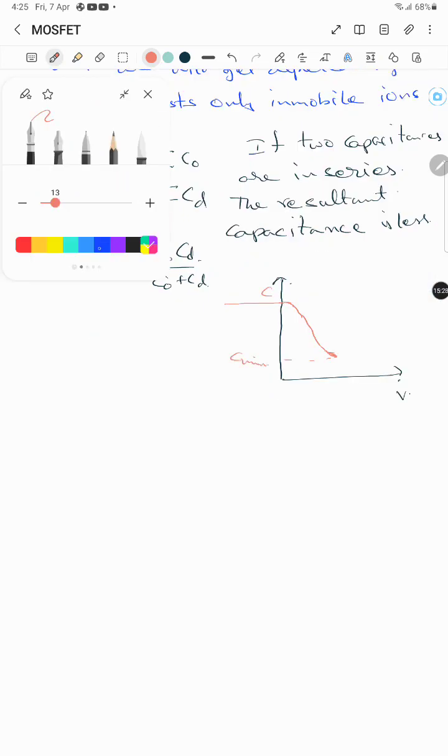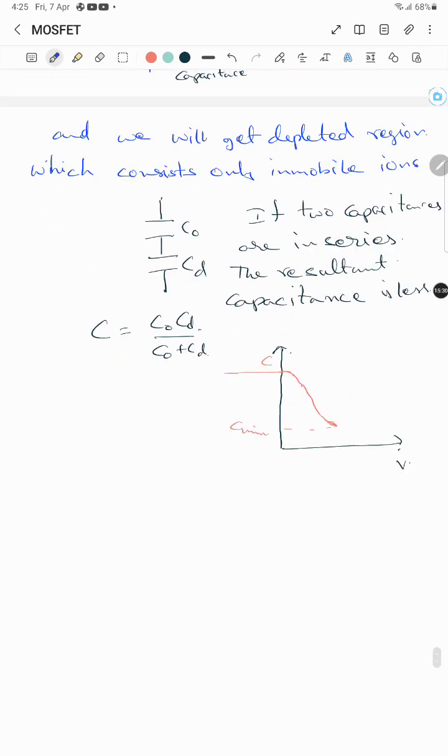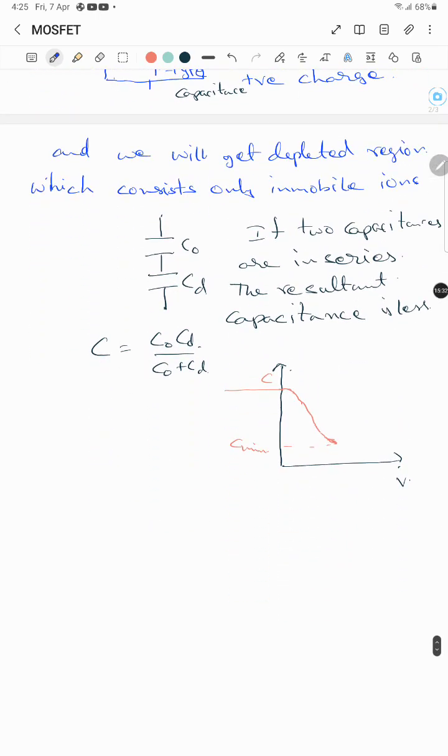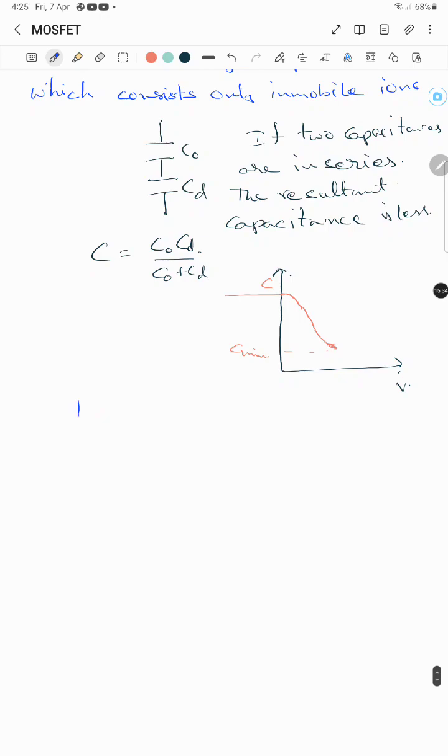Now if I increase this voltage further, more positive, let me draw the MOSCAP again. You will have the metal layer, oxide layer and semiconductor layer. We are assuming it as p-type here.